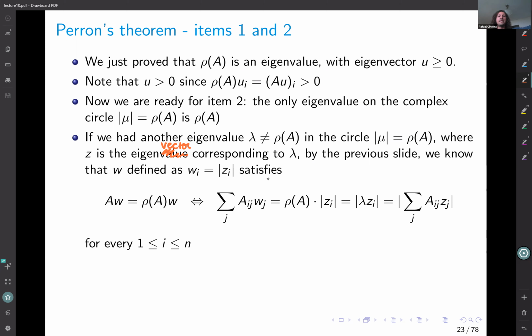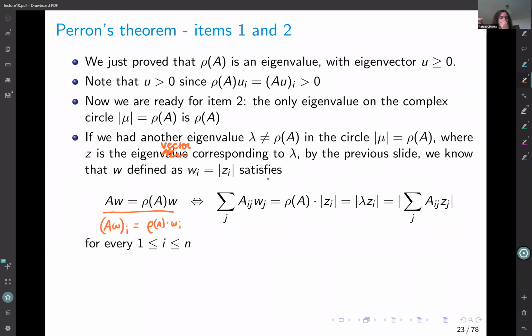This holds for any eigenvalue which had absolute value equal to rho of A. But if we look at this equality again, it must be the case that the ith index of Aw is equal to rho of A times w_i, for all i, just because the vectors are the same, so all their coordinates must be the same.